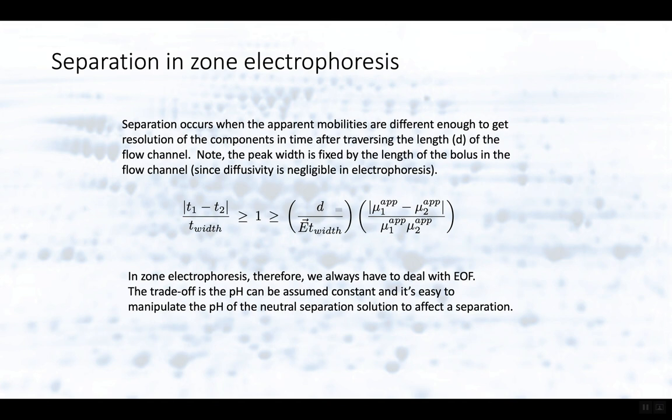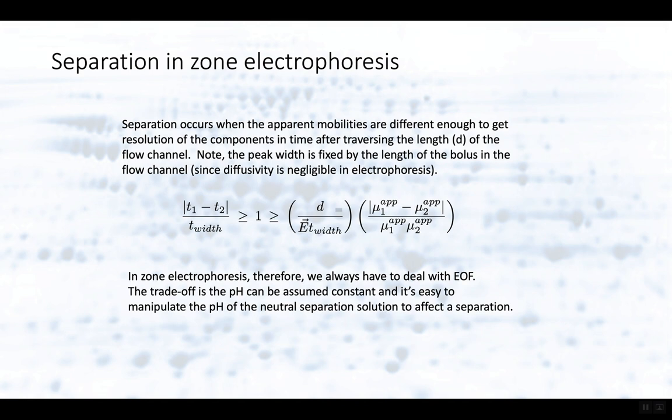But effectively, because the equilibration is so quick, all ions are moving at a uniform speed. So whatever the peak width is for the bolus that we add at the beginning of the flow channel, that's going to be roughly the peak width at the end, minus a little axial dispersion. So it'll be a little bit wider.